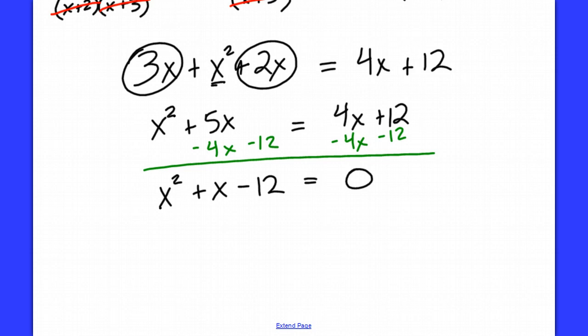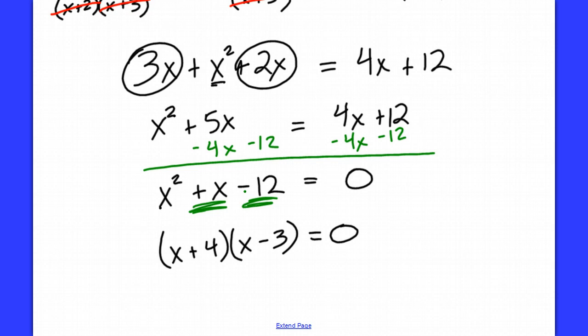You can either use the quadratic formula, which would work nicely in this case, or we could just go ahead and factor this. If you recognize the factors of negative 12 that we'll subtract to make a positive 1 in the middle, you might be able to factor this pretty quickly. Those factors would be x plus 4 and x minus 3.